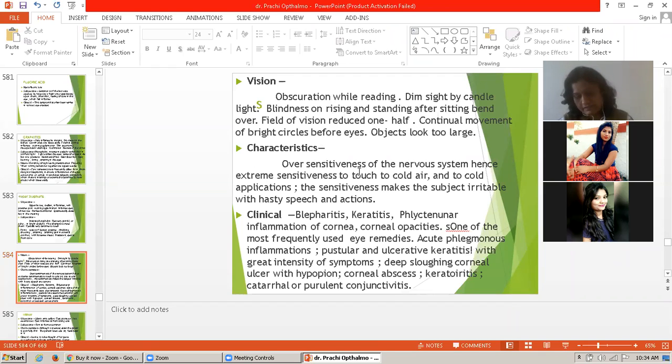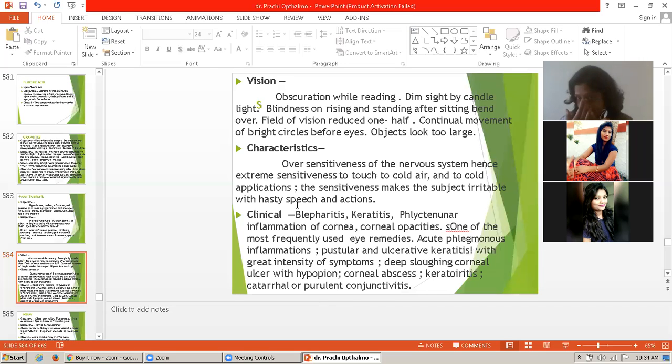Thus, the Hepar sulph patient feels that objects look larger than they are, with obscuration while reading, dim sight by candlelight, blindness on rising and standing after reading, and reduced field of vision.